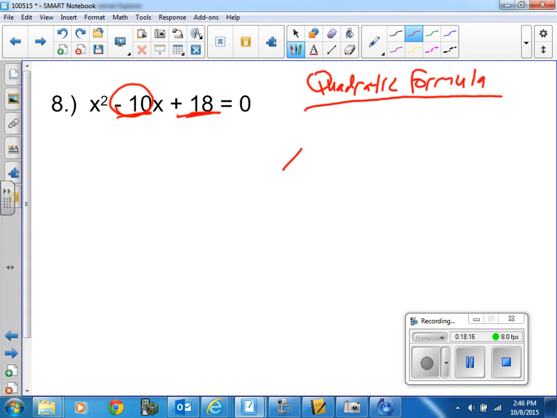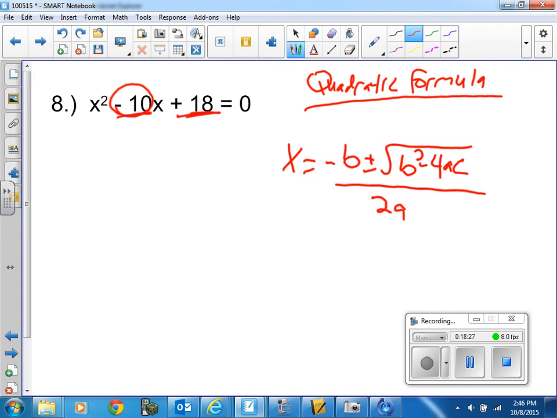It's x equals negative b plus or minus the square root of b squared minus 4ac, all over 2a. Now, if this had been factorable, we would have set it equal to 0, then set each of the factors equal to 0 and solved each one. But this formula will work for 6 and 7 also. It will always work. So let's go ahead and figure out what a is.